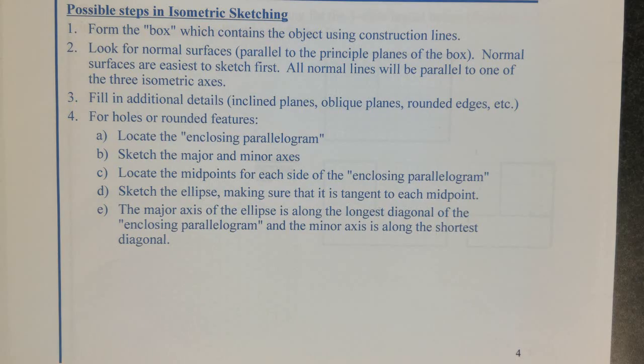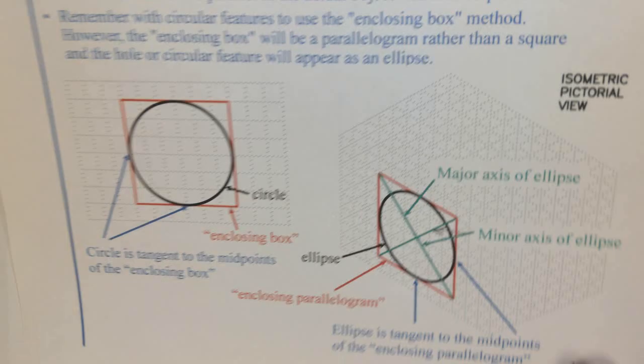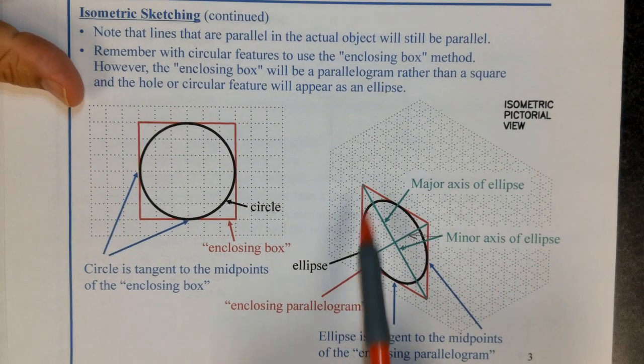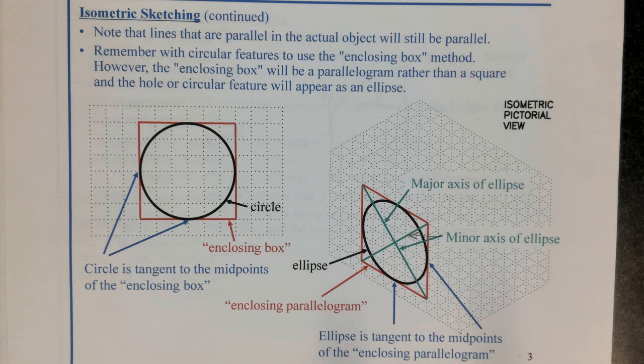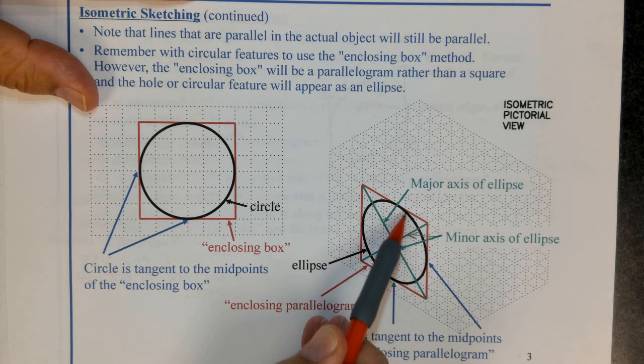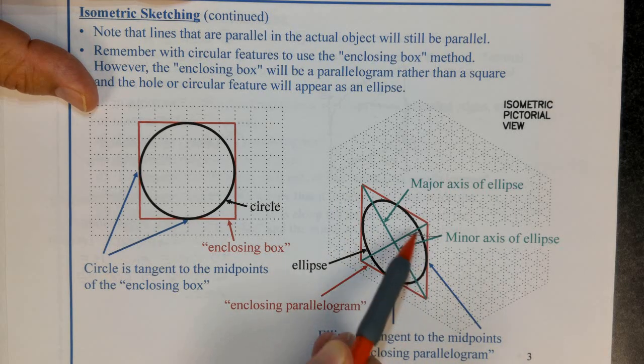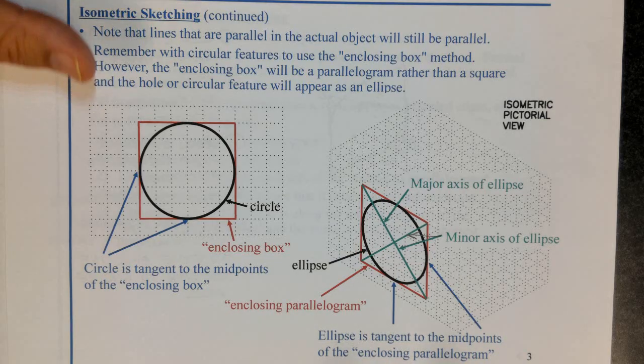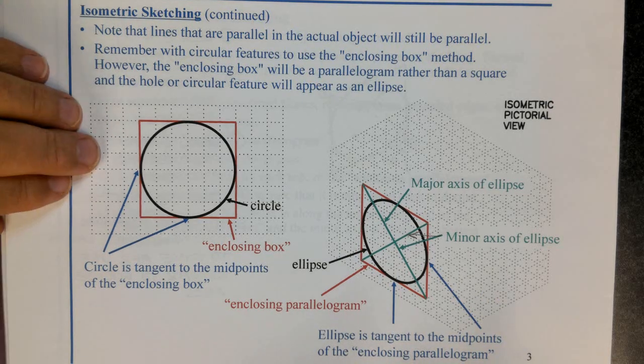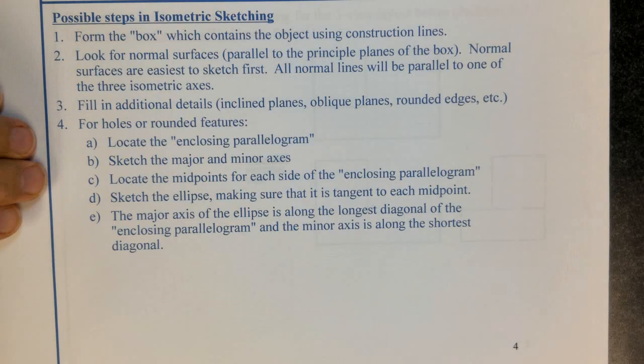It doesn't matter to me which one you use when you create your sketches. But his is the enclosing box method. So he's only got 2 axes. He's got this one and this one. But again, he's drawing an ellipse here. This is an ellipse. Okay? So please read over slide 4.